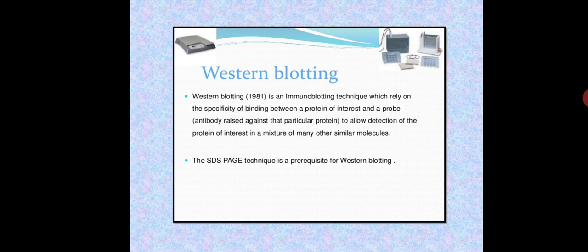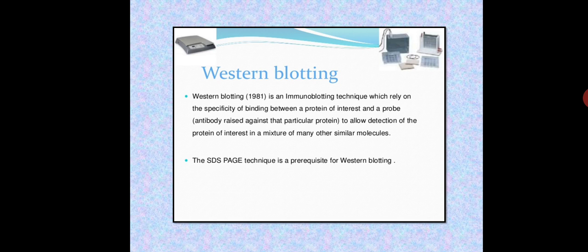When we see the procedure, we will come to know how Western blotting is different. In this technique we use a probe, but the probe works as an antibody, a primary antibody and a secondary antibody, and with these we find our protein of interest.